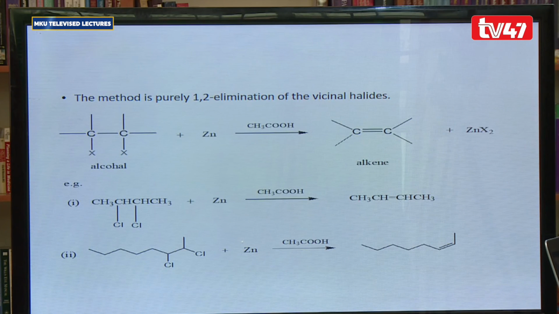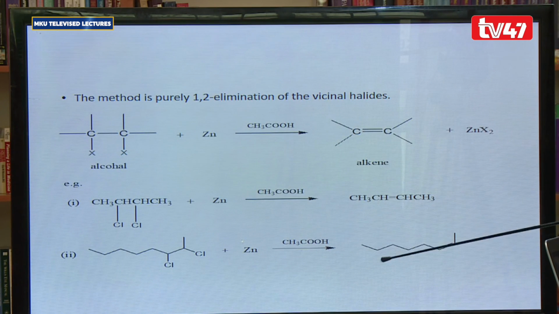Also, you can have removal of halogens. Neighboring 1,2 dihalogenated organic compounds can be converted into alkenes using metal catalysts like zinc, where the metal joins to the two halogen atoms, so that the neighboring carbons are left with a double bond, and that is the formation of alkene.